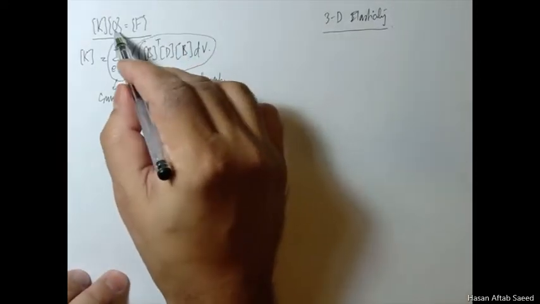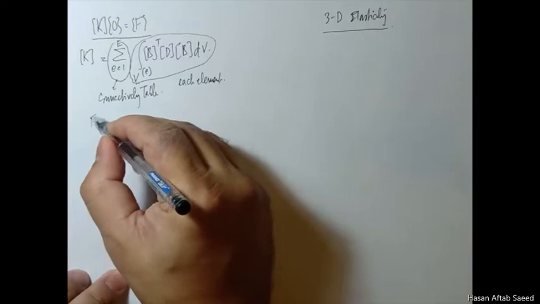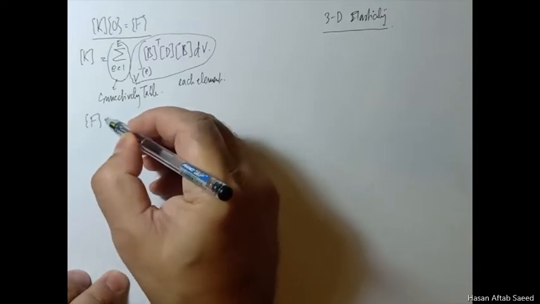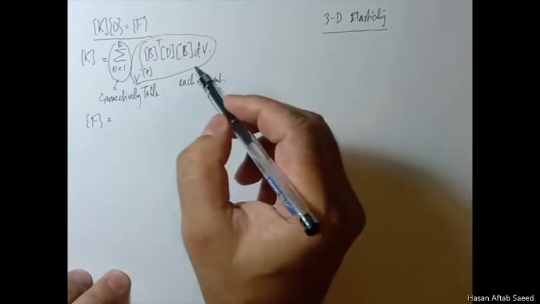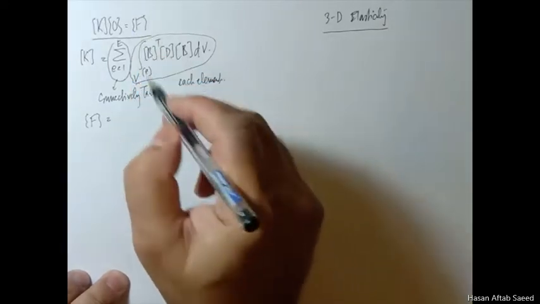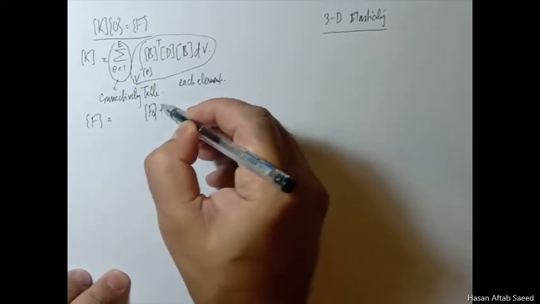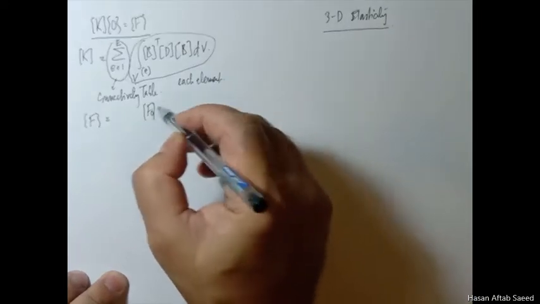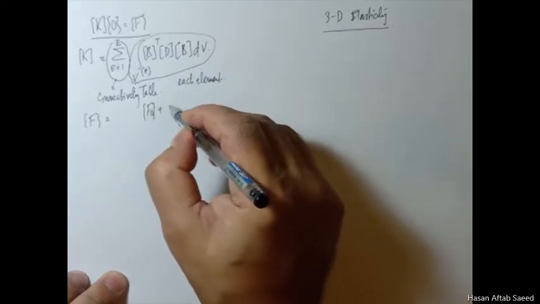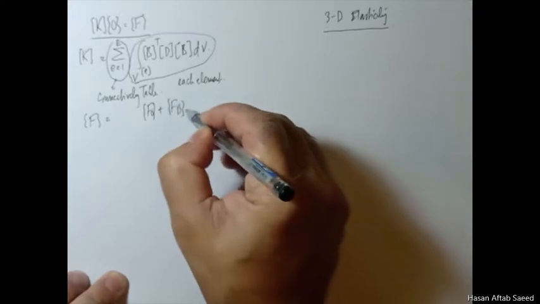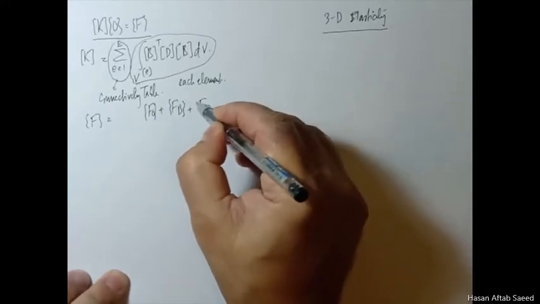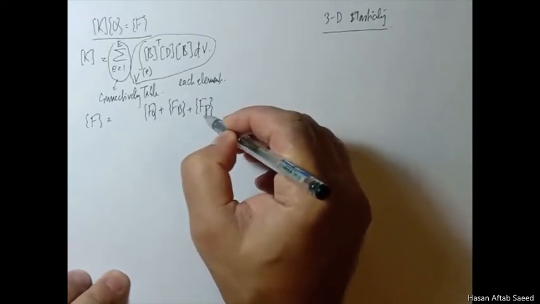What about the F? This U, obviously we want to find the U in these situations. And this F is again a combination: thermal, the force vector because of temperature changes, body force vector, distributed force or pressure force vector.